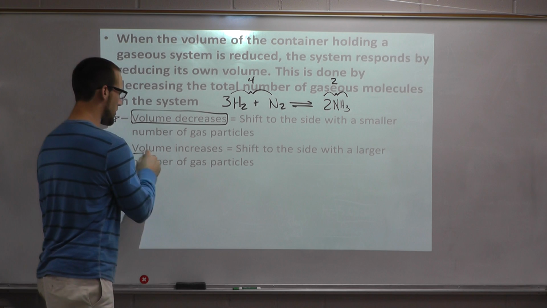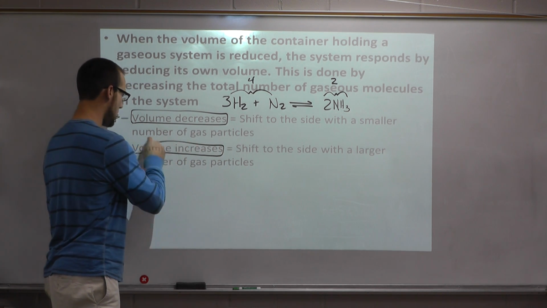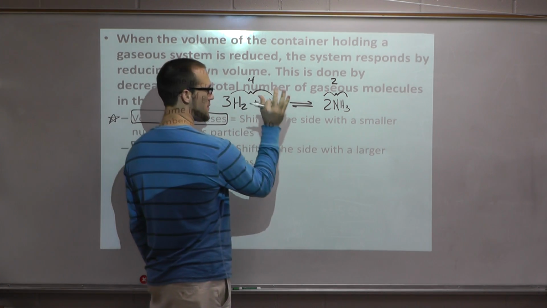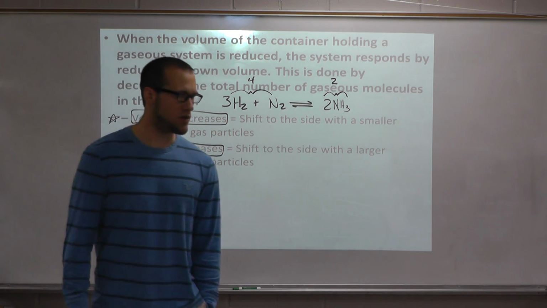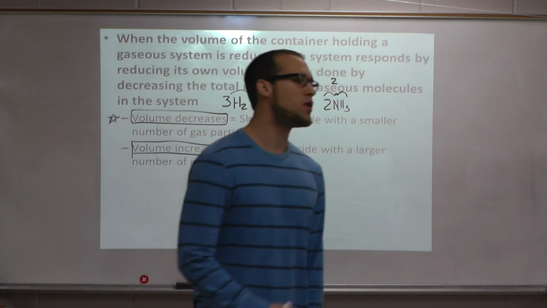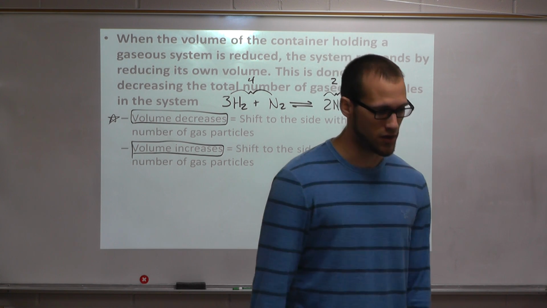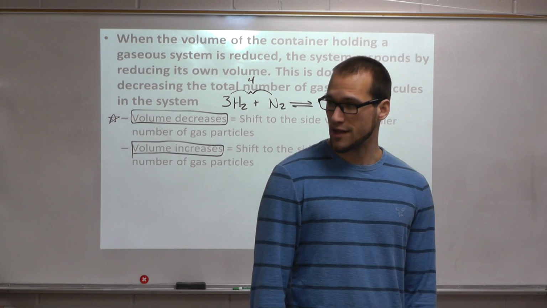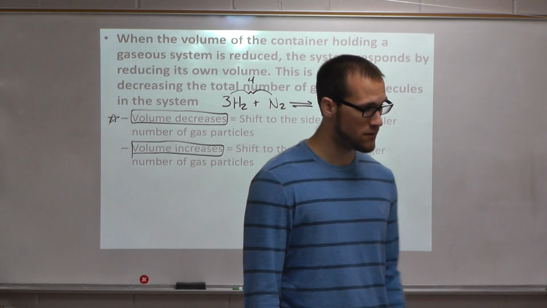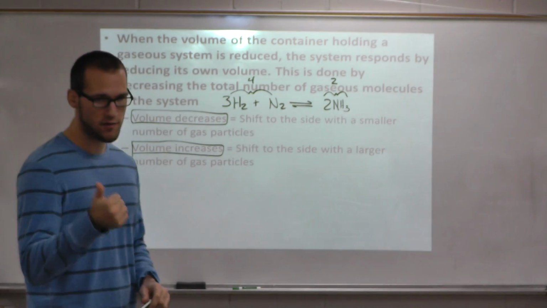Now, if we were to increase the volume, that's the stress. I'm increasing the volume. It wants to shift to increase its own volume to negate that stress. Which way would it shift to increase its own volume? Does that make sense, everybody? And if they're the same, they don't shift. Yep, absolutely.